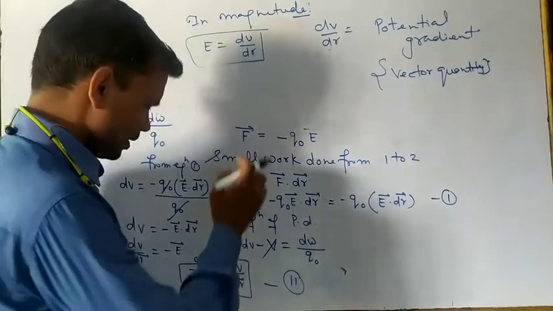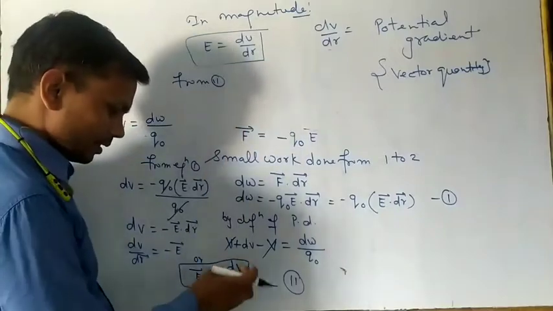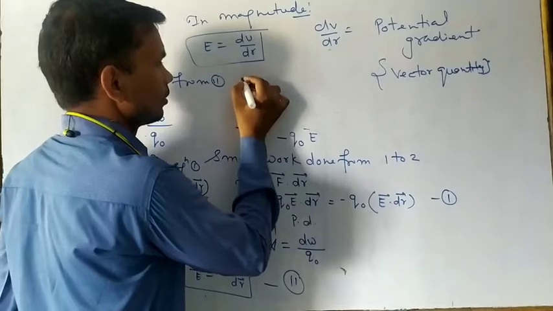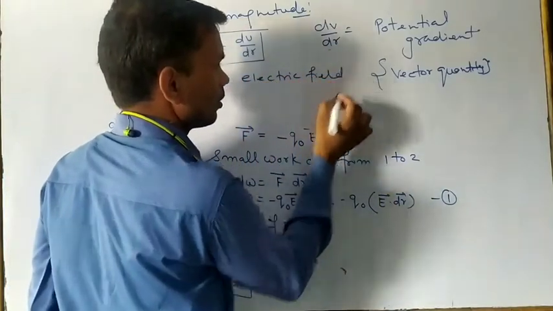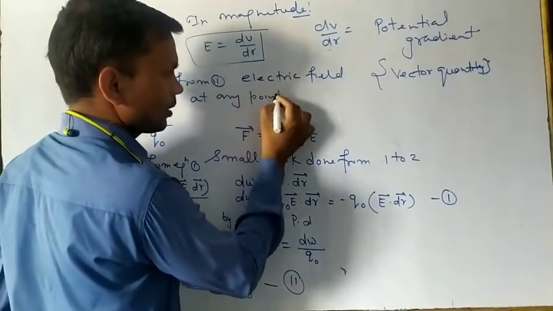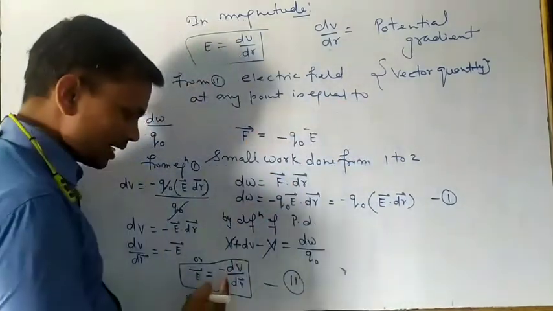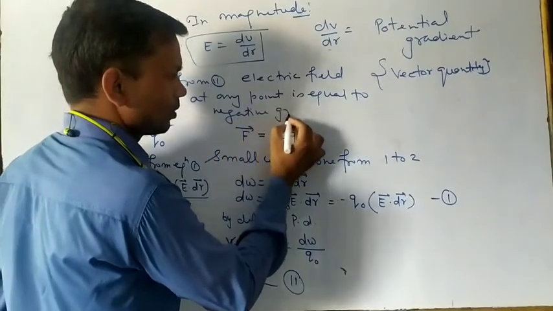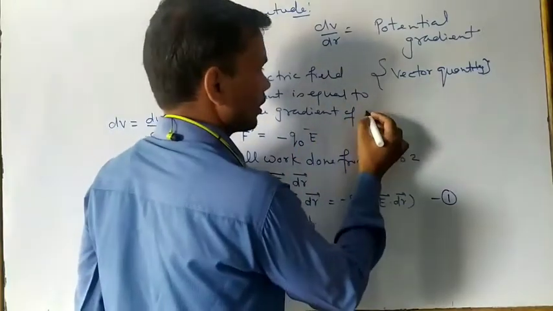So from equation 2 what we are getting is that the electric field at any point is equal to the negative gradient of electric potential.